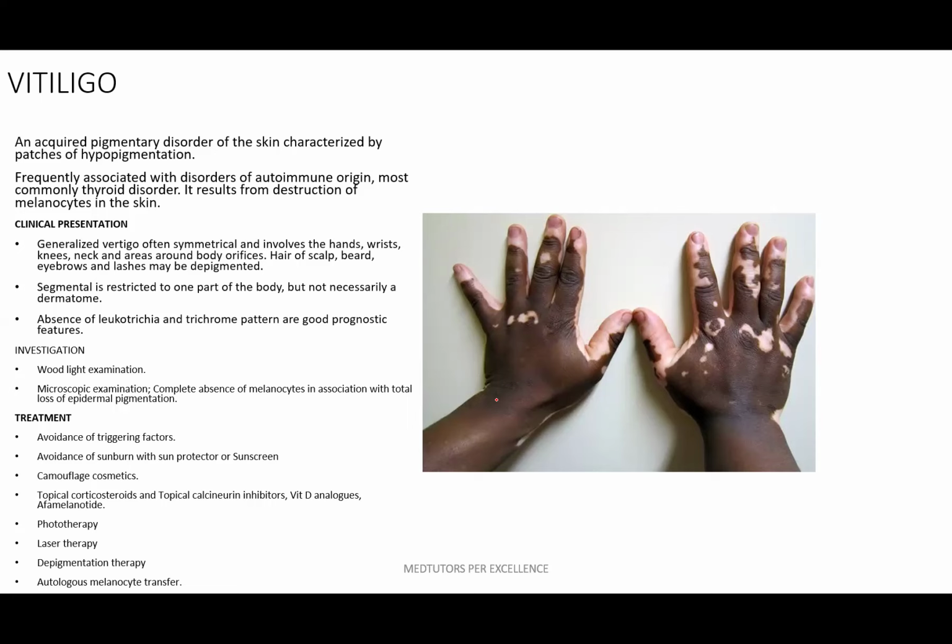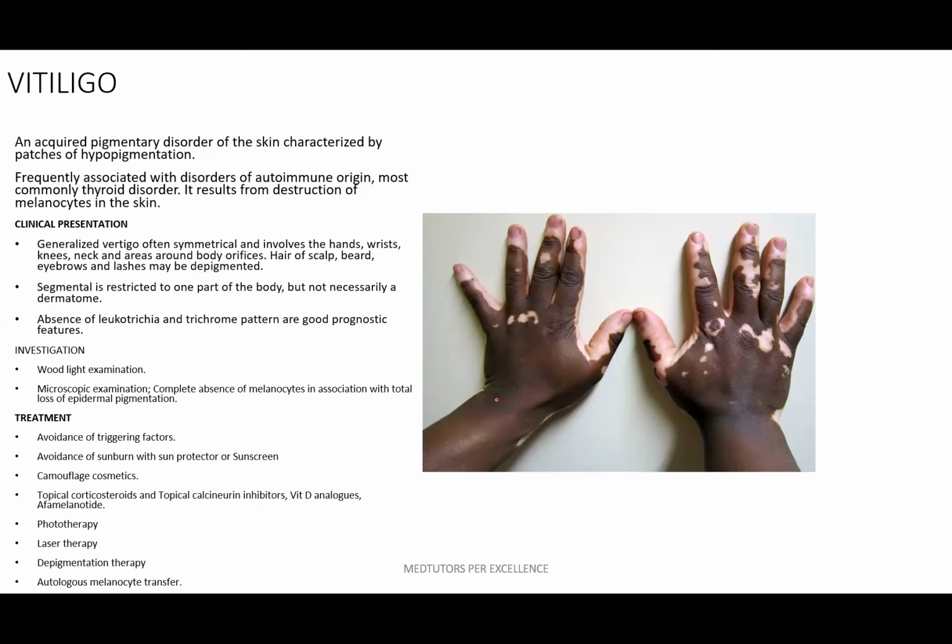Of course, if you are black and you have vitiligo, it will be very obvious even from far. But in a fair-skinned individual, you might not even see it. Michael Jackson had a lot of it on his body, that's why he had to find a way of camouflaging it all by using cosmetics or bleaching all his skin.